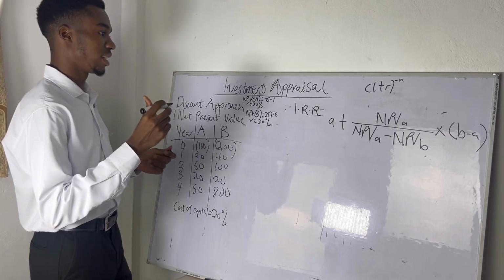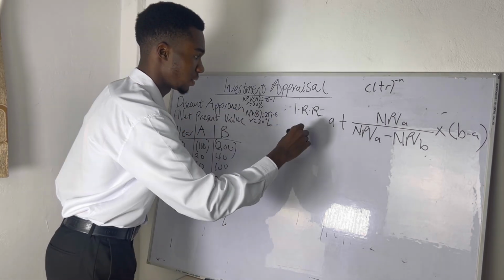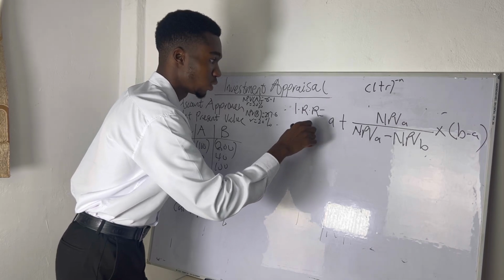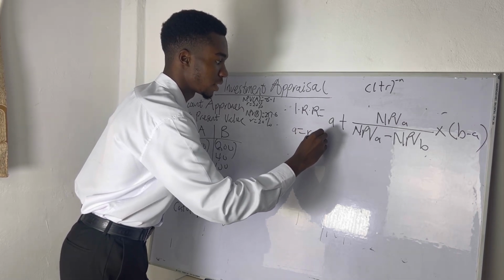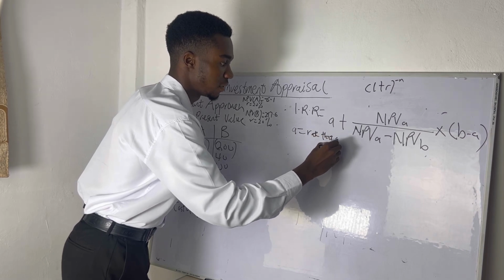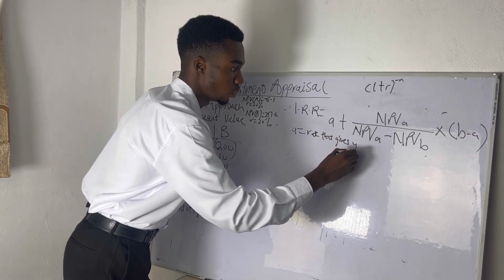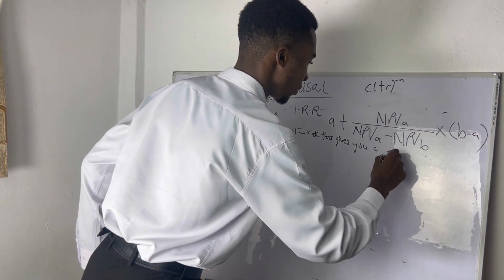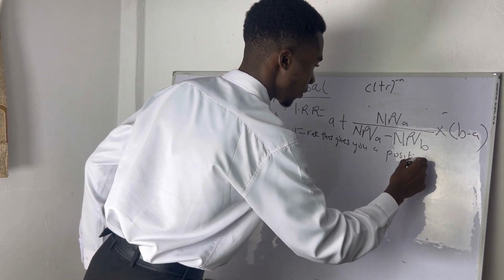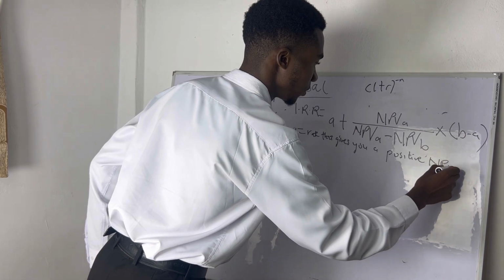I'd like you to write this down. For the formula, the A you see here is the rate that gives you a positive NPV.